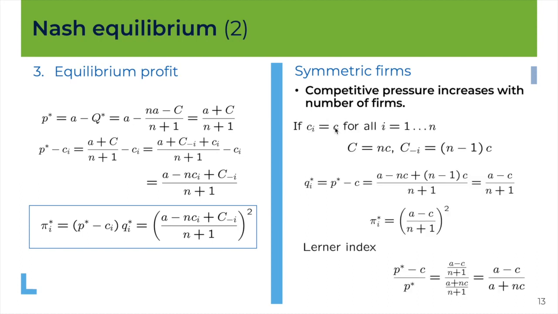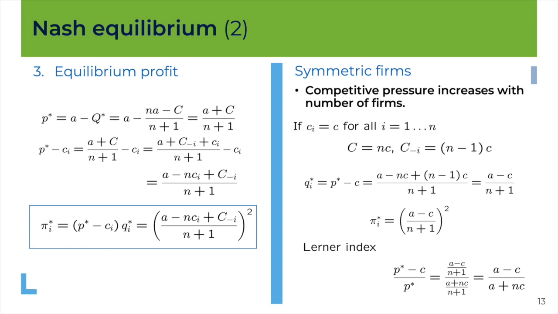So if Ci is equal to C for all firms, then you have for the profit an expression which is simpler, and also for the quantity and for the Lerner index. Remember what the Lerner index is? It's the ratio between the difference price minus marginal cost divided by the price itself. It's our measure of market power, if you remember.